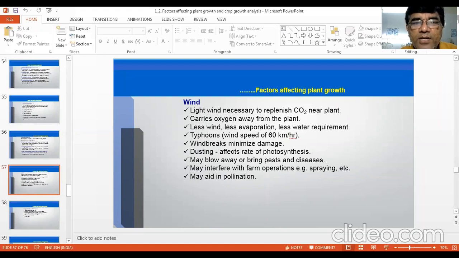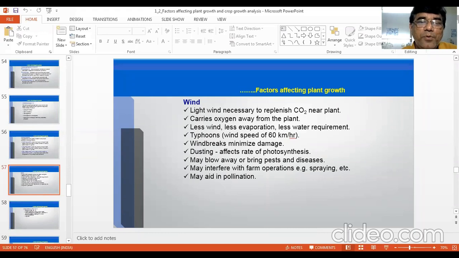Dusting affects the rate of photosynthesis. So this is bad. Dusting can be there by the winds, so it can reduce the rate of photosynthesis, and wind may blow away or bring pests and diseases. Again, it can be beneficial and it can be harmful, because sometimes it can take away insect pests and diseases from the plants, and sometimes it can bring them near to the plant.